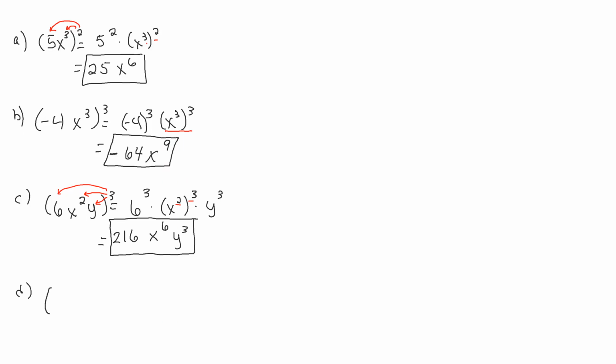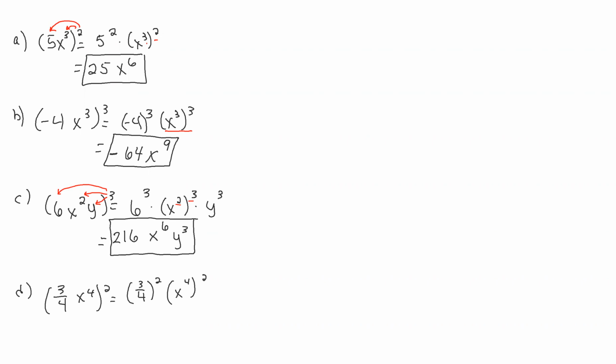So again, we're just going to keep on working. I've got 3/4 x to the 4th squared. So in this case, the squared part is going to go to the 3/4 and to the x to the 4th. Okay. Now, eons ago, when you first learn about fractions, especially when you're doing fractions with the order of operations, you'll generally learn how to deal with a fraction raised to a power.